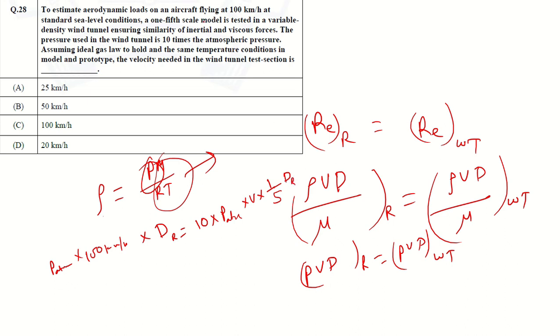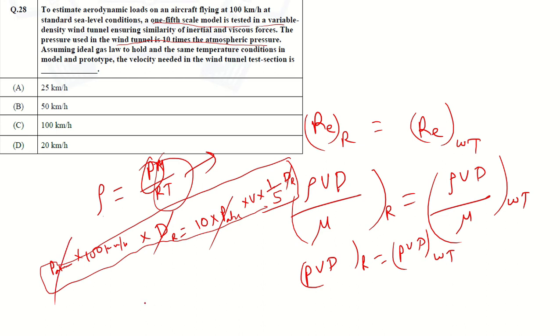Here you will see a 1/5 scale model is tested in a variable density wind tunnel at 10 times the pressure, so the pressure used in the wind tunnel is 10 times the atmospheric pressure. So we set this equation according to the condition, and finally D r cancels, P ATM cancels, and solving this, we get the velocity of the wind tunnel as 50 km per hour. B is the right option.